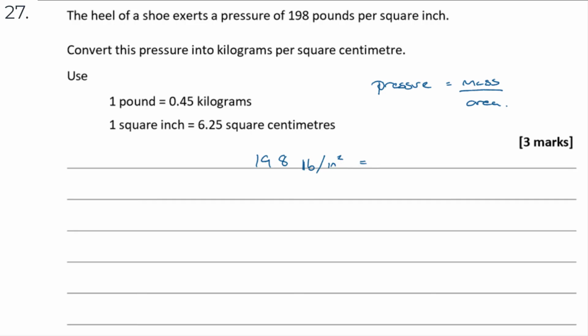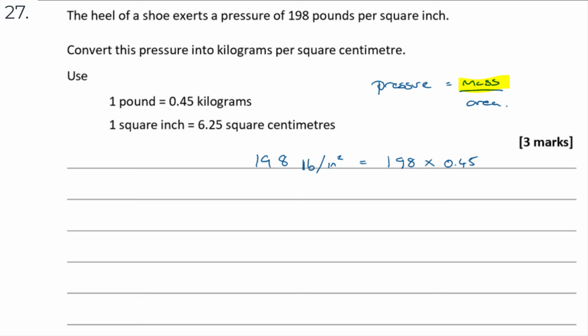We're going to use the 1 pound equals 0.45 kilograms first. So we're going to multiply that 198 by 0.45. Okay, because mass is on the top.